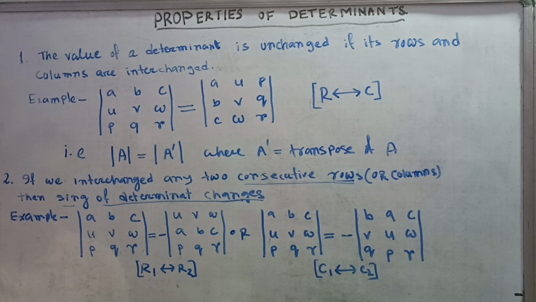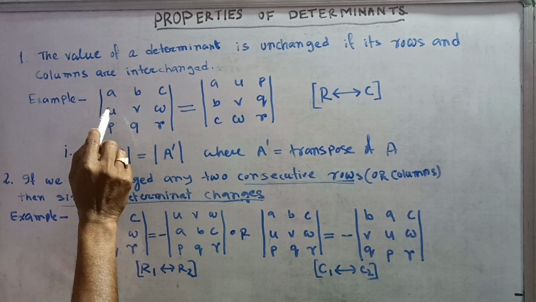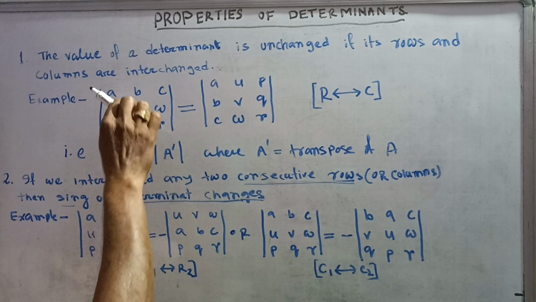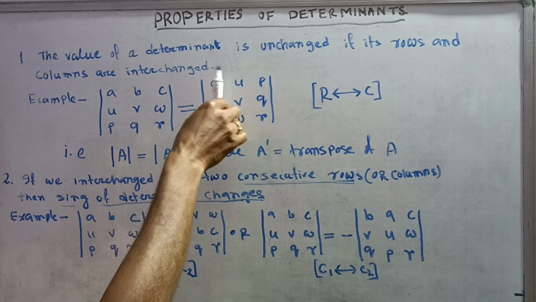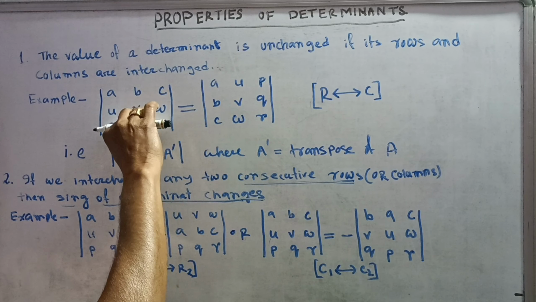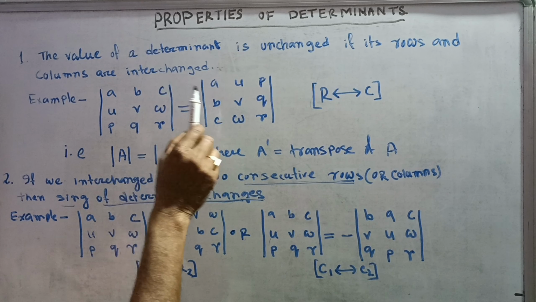For this, we take an example of a determinant: A, B, C in the first row, U, V, W in the second row, P, Q, R in the third row. Here, the row we can change to column. The first row becomes the first column, the second row becomes the second column, the third row becomes the third column. These two determinants remain unchanged.